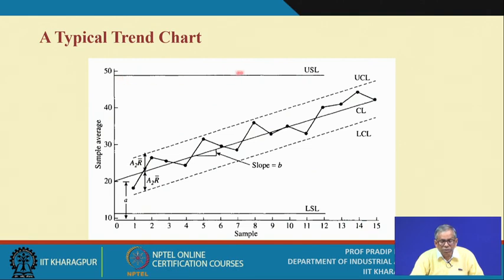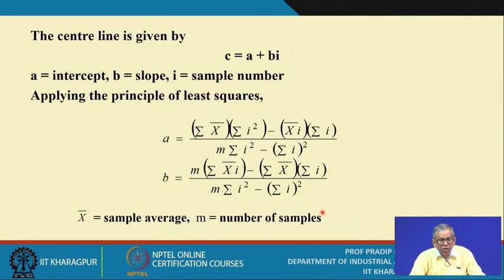Now you must specify for the given quality characteristic its upper specification limit and its lower specification limit. In this control chart, the upper control limit, lower control limit and the central line are compared with the upper and lower specification limits, so you must know their locations.